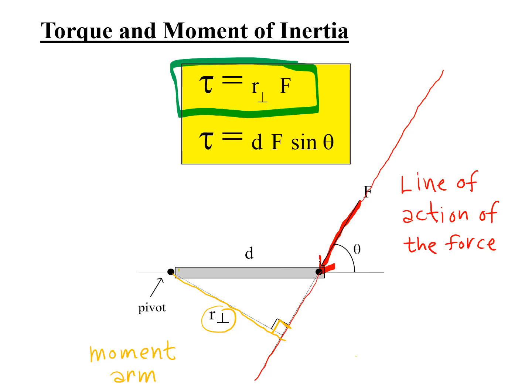So the bigger the moment arm, or the bigger the force, or the bigger both of them, the more torque I have. So we see that it's not only the force that matters here, but how the force is applied.